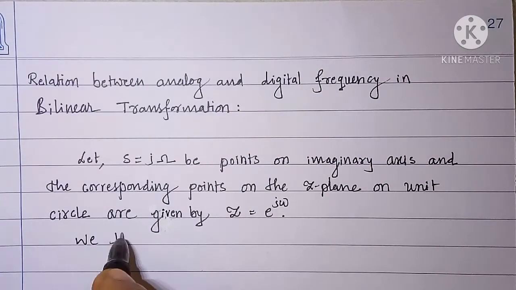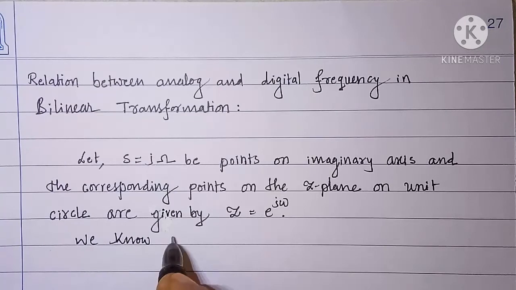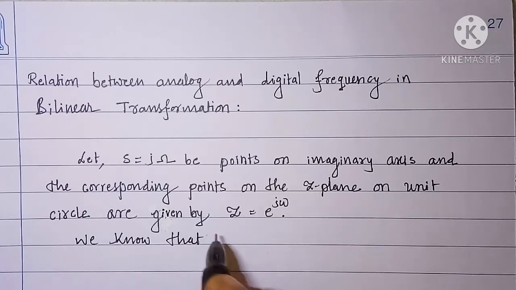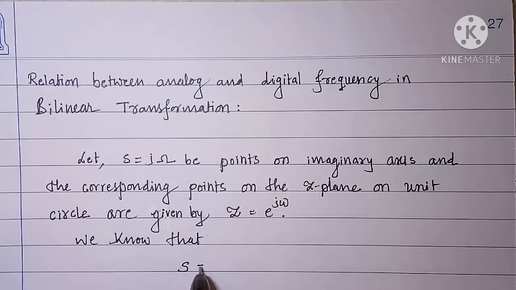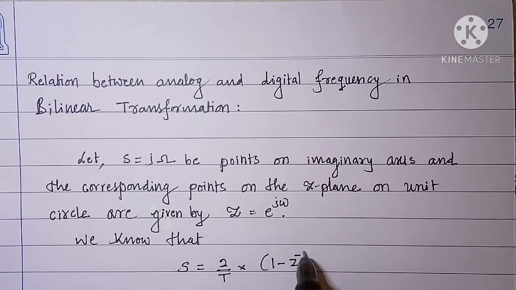We know that s is equal to 2 by capital T into (1 minus z raised to minus 1) upon (1 plus z raised to minus 1).